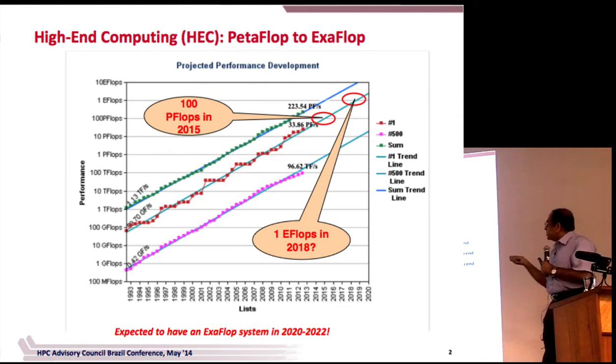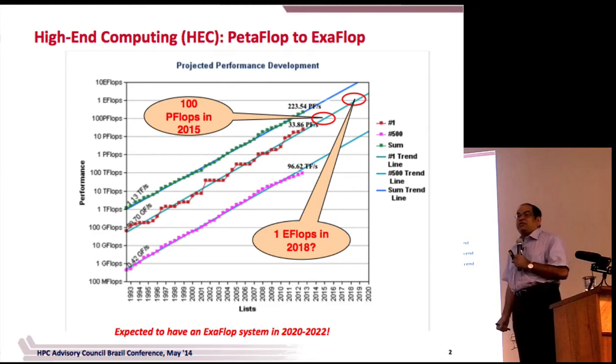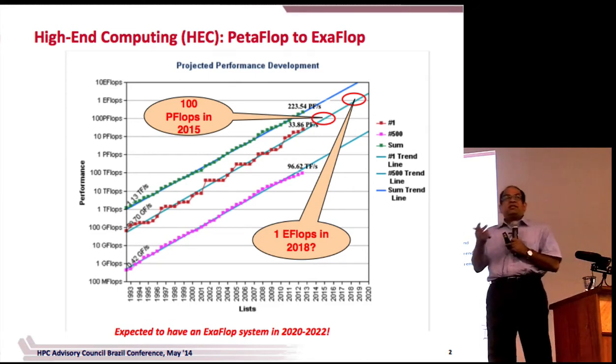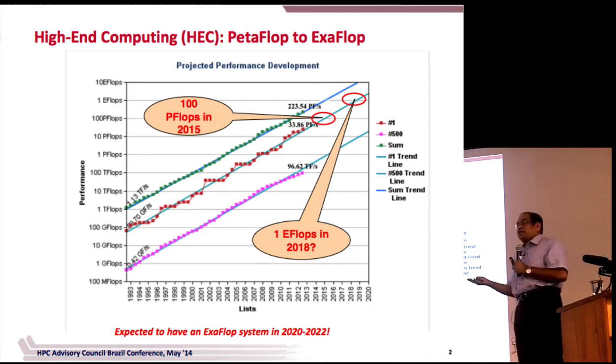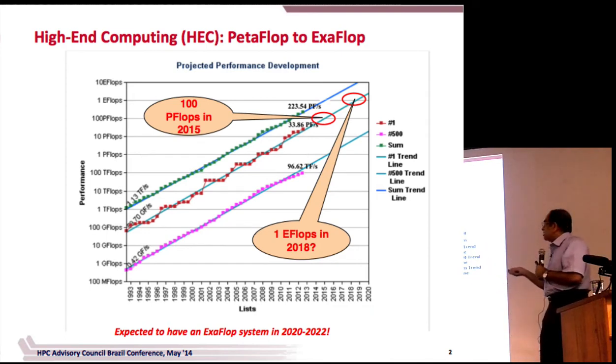Obviously the next goal is to reach 100 petaflops, and a lot of different countries are working to reach this goal. It might be by next year that you will see some 100 petaflops machine coming up. And then of course the goal is to go towards exaflop.